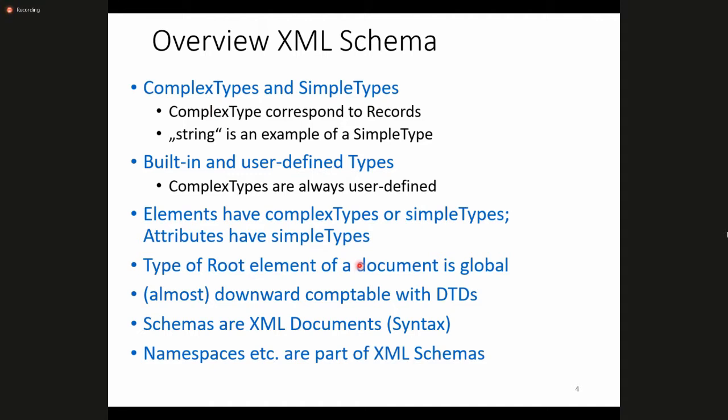Now you know the difference between an element and an attribute. The type of the root element of a document is global. Downward compatible means backwards compatible.